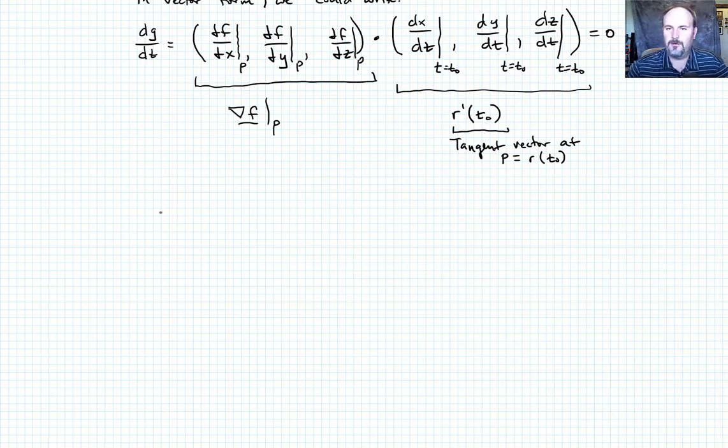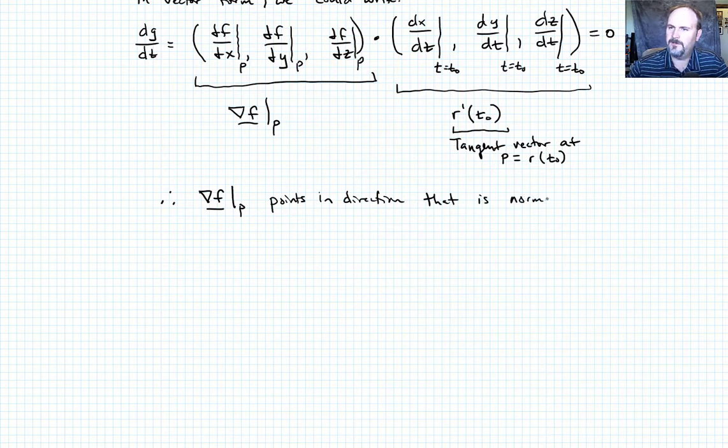So what this tells us is, therefore, the gradient of f evaluated at whatever point is on that curve points in a direction that is normal to the tangent. Okay, so that's the proof.